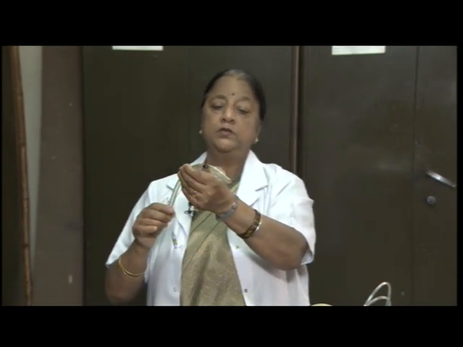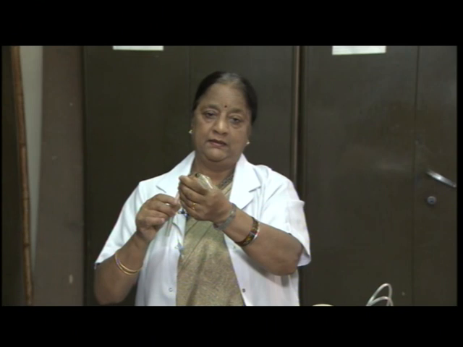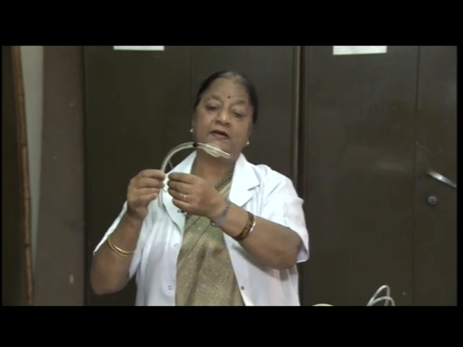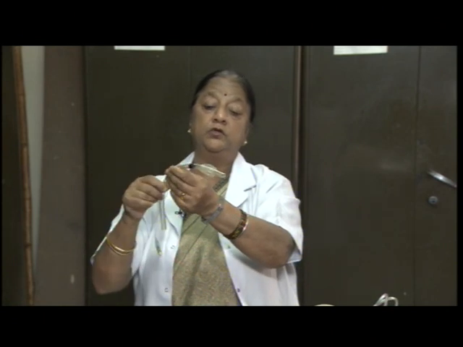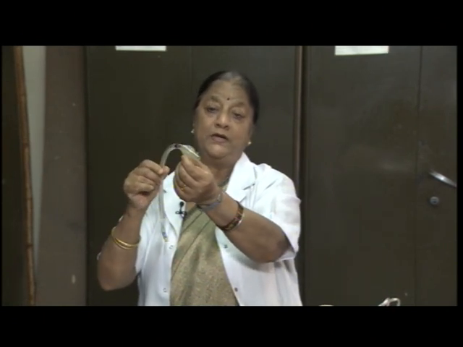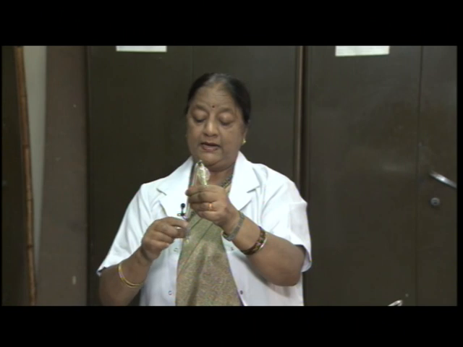Then those patients who have problem with the airway, either airway obstruction, we make use of artificial airway. One of the airways is called endotracheal tube. This is endotracheal tube. This has a balloon at its tip, and it has a port here.